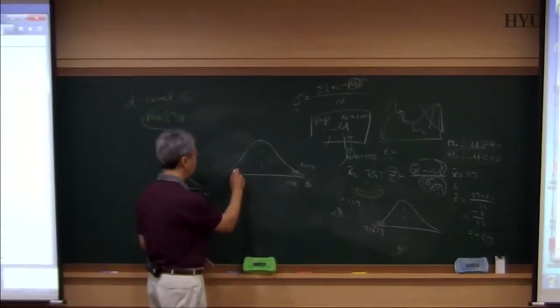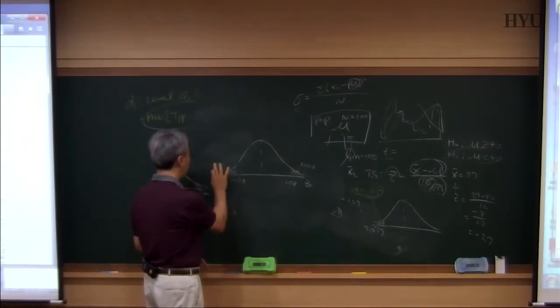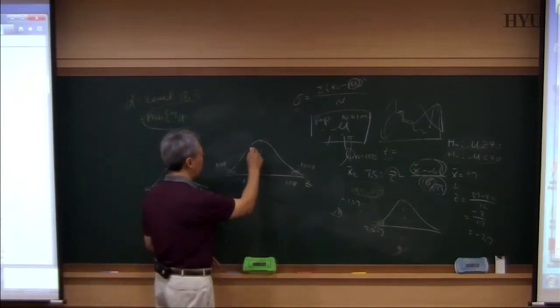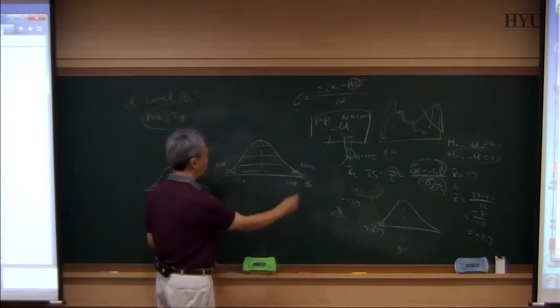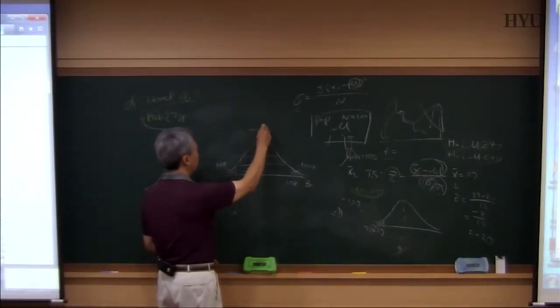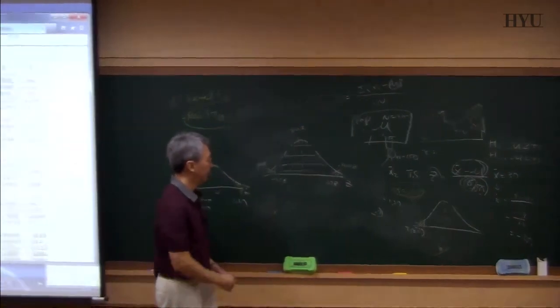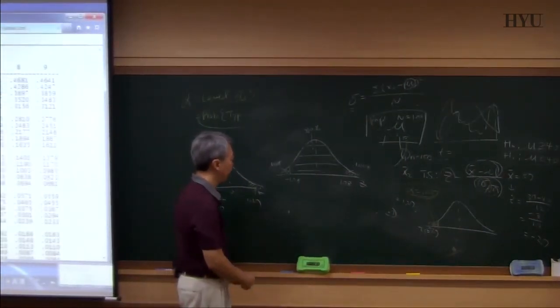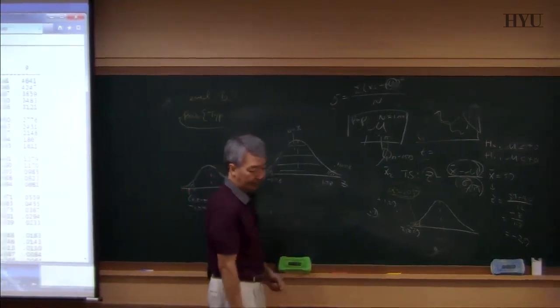So if you have negative 1.28, then that's another 0.1003. So the area between these two numbers is almost what, 80%. Something like that.